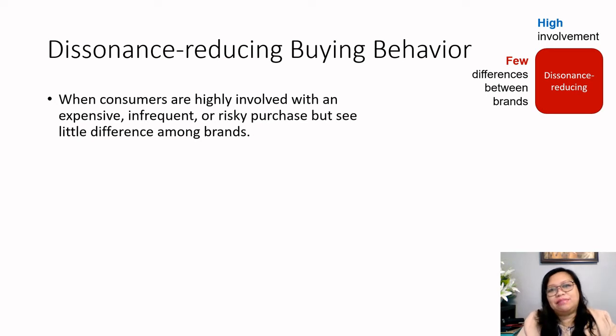In this case, because perceived brand differences are not large, buyers may shop around to learn what is available but buy relatively quickly. They may respond primarily to a good price or purchase convenience.